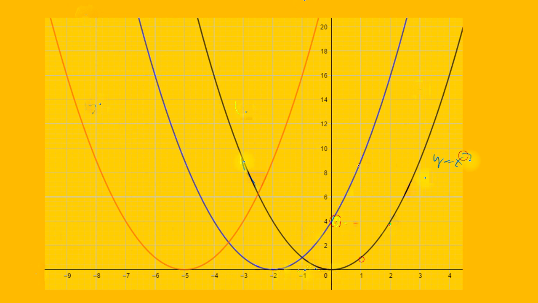Let's say here we compare the graphs of the following. You have x squared and x minus 11 squared. Here h is positive, h equals positive 11.